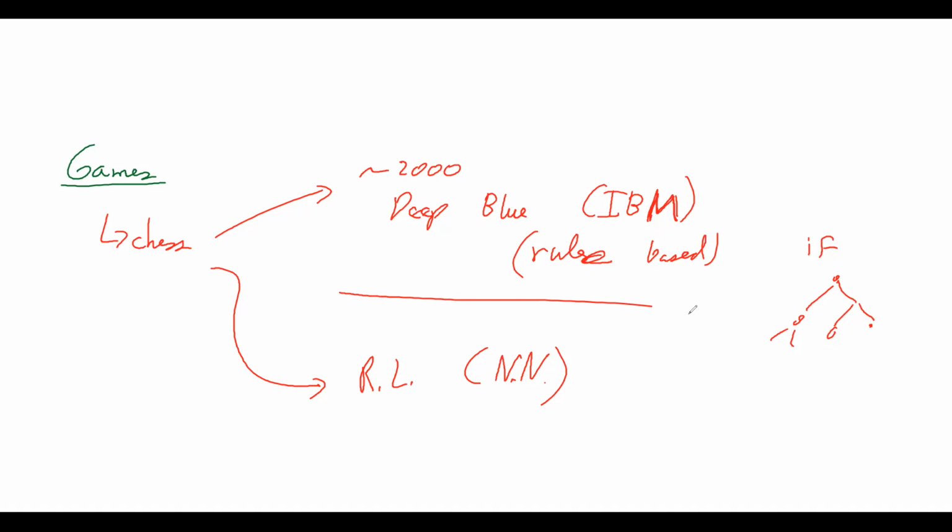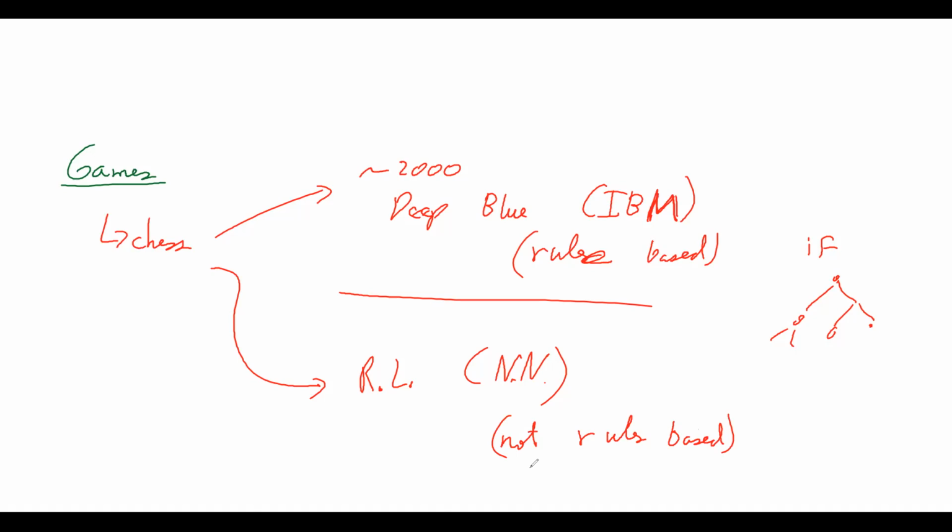And so with reinforcement learning, the difference is that it's not rules-based. That's an important distinction because instead, the algorithm has to learn on its own.